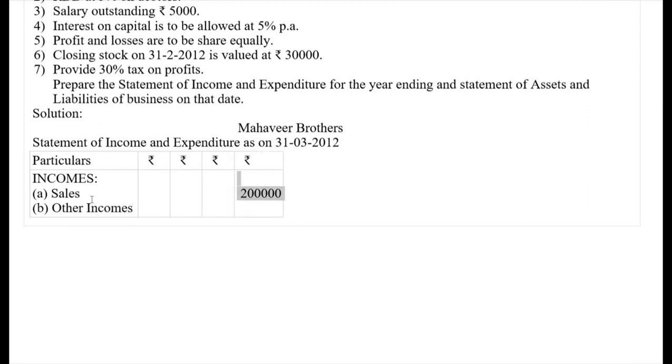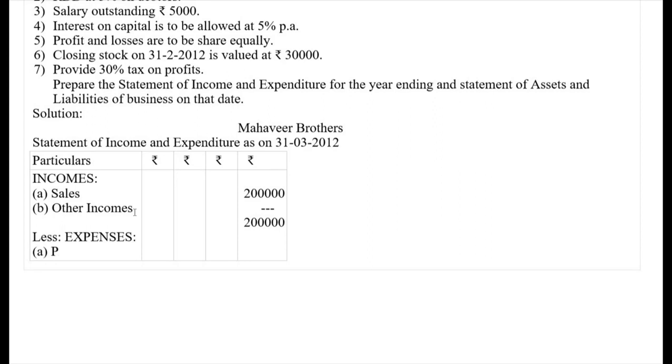Of course, in this problem we don't have any other income. So now let me show the same thing here: 2 lakh. From this we shall subtract less expenses.